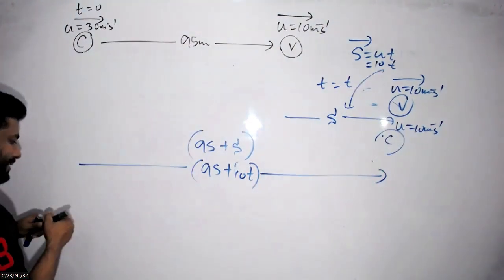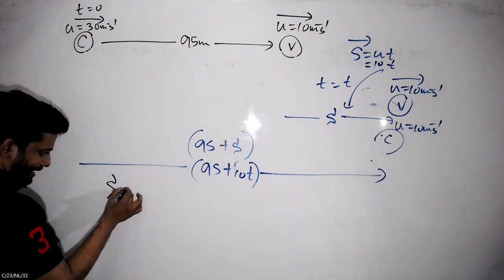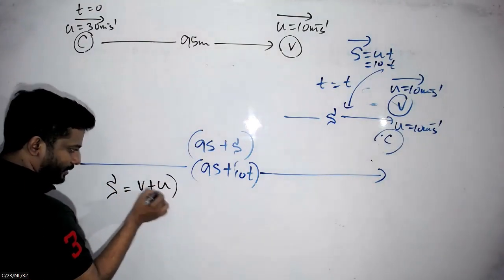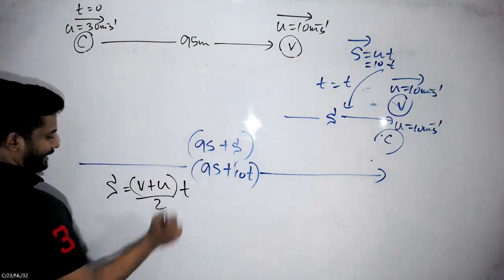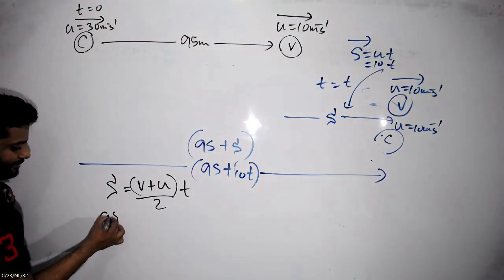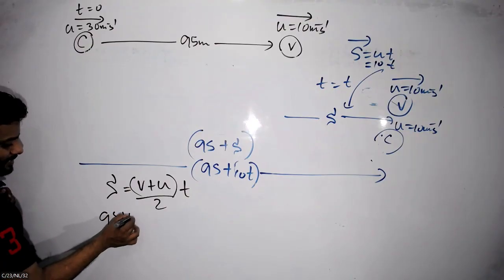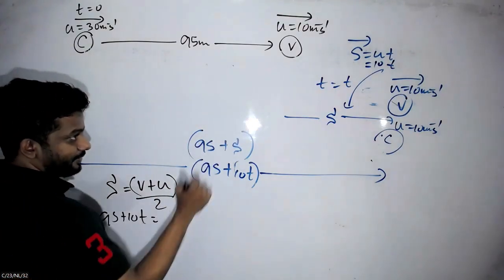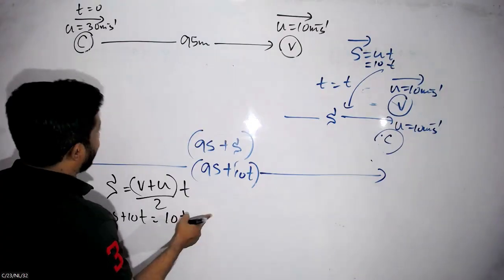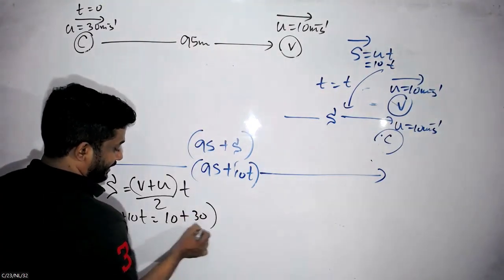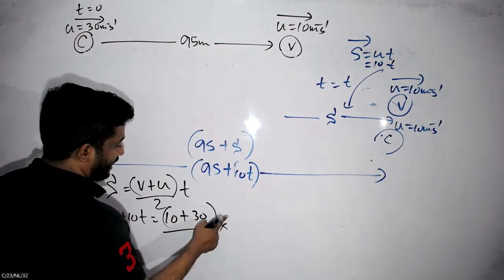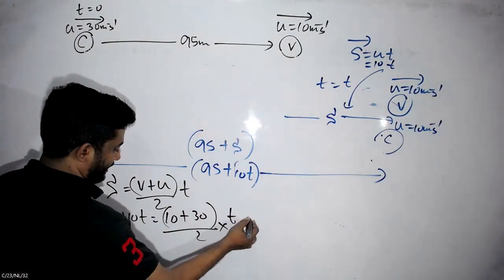To find the time taken, you can apply this equation: S equals (V plus U) over 2 into t. Displacement is 95 plus 10t for the motion of the car. Final velocity 10, initial velocity 30, divided by 2, time interval t.